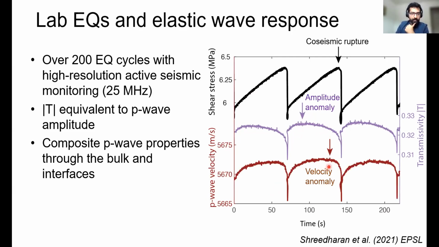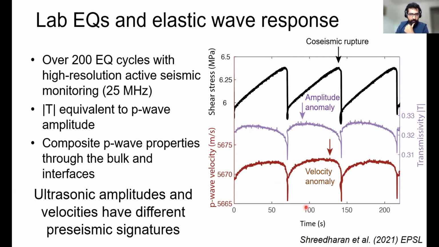Suddenly we see something really interesting, which is that the velocity is also reduced before an event, but the velocity anomaly, if you want to call it that, is not taking place at the same time as the amplitude anomaly. So what's going on here? Physically, the model that I originally introduced was that the amplitudes and velocities are interlinked. Based on that, this doesn't make any sense.